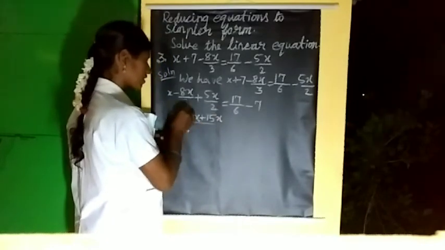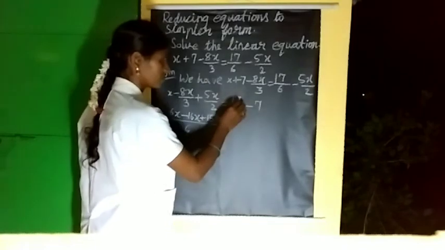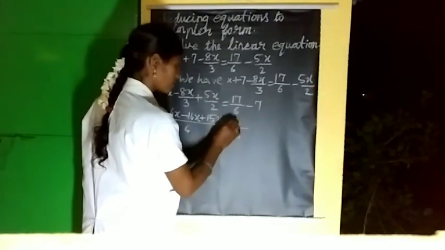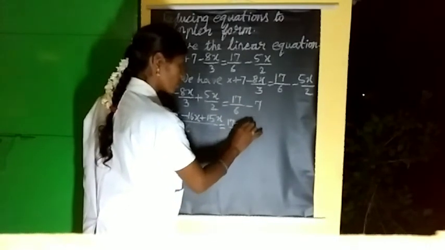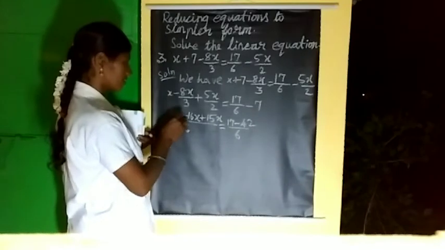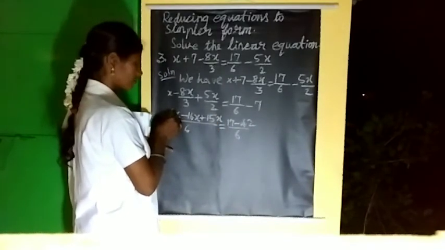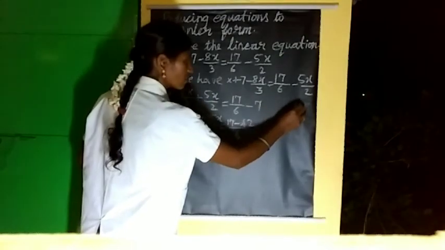The sign should be correct: here minus, here plus. Then is equal to, here the LCM is 6. 17 will be as it is and 7 multiplied by 6 is minus 42. Then simplify this. 15x plus 6x, 21x.